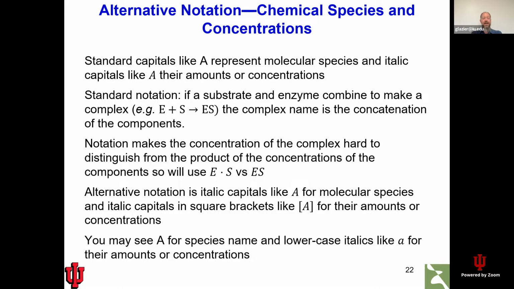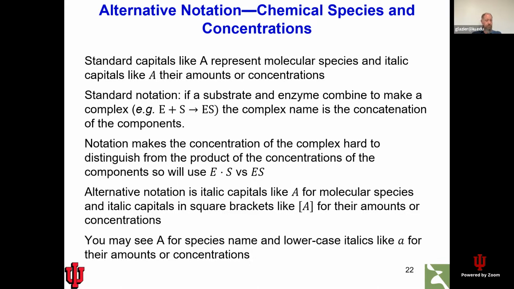But of course, multiplication is also written by putting the things next to each other. We don't always write a dot or a cross or something else. And so there's an ambiguity here. So I'll try to always write a dot. E dot S means concentration of E times the concentration of S. ES by itself means the concentration of ES.